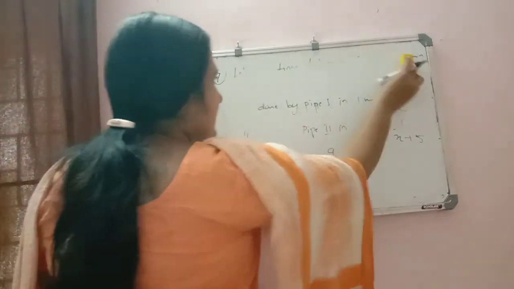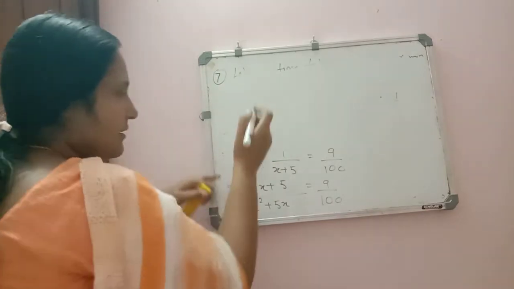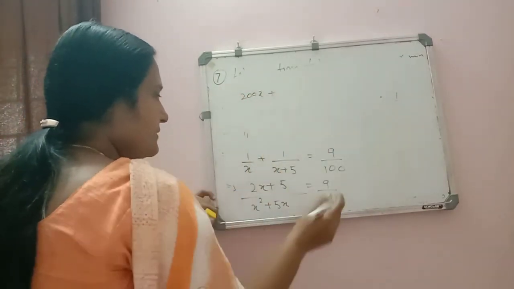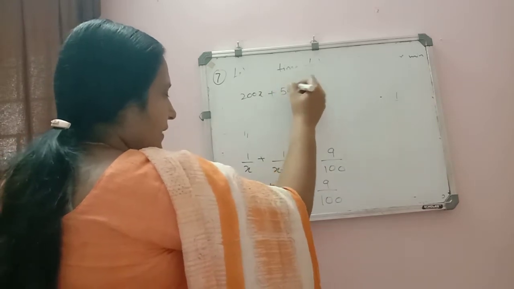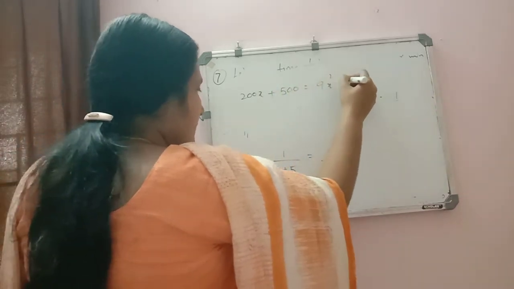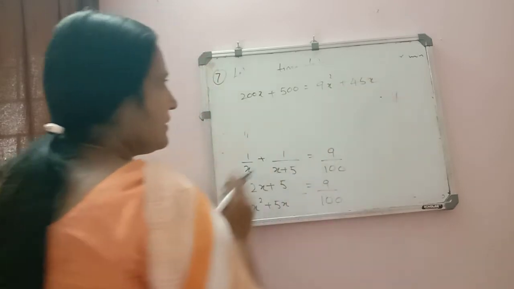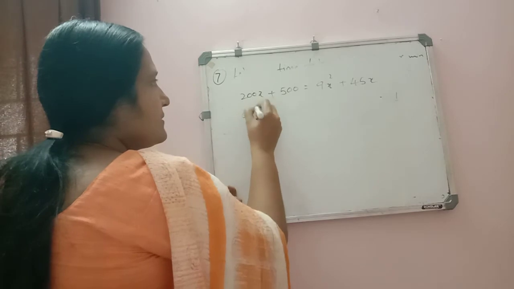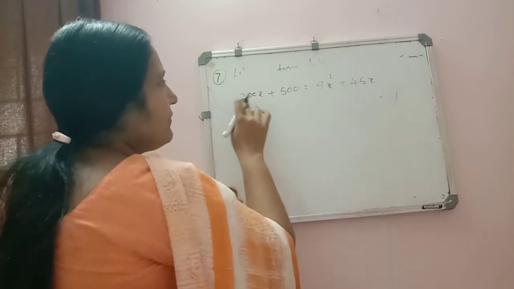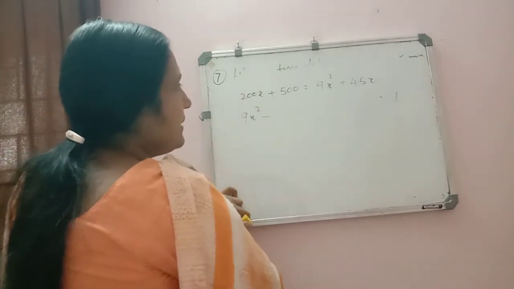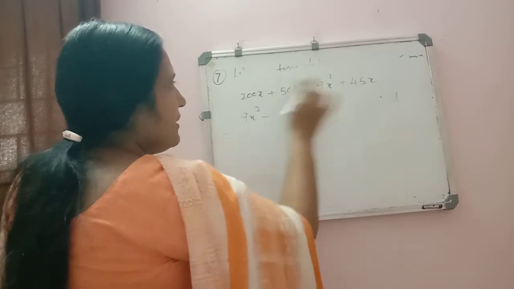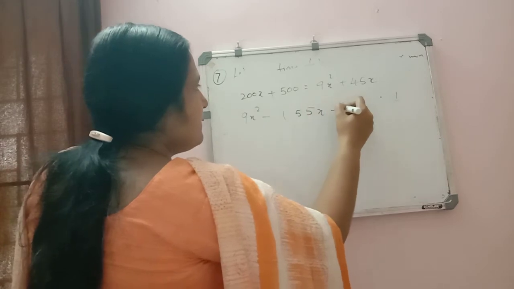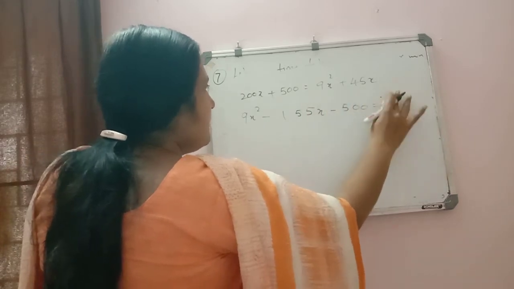Do the cross multiplication. So we will get 2x into 100 will be equal to 200x plus 100 into 5, 500, is equal to 9x square plus 9 5s are 45x. 9x square, 45 minus 200, so that will come negative. 155x minus 500 is equal to 0.